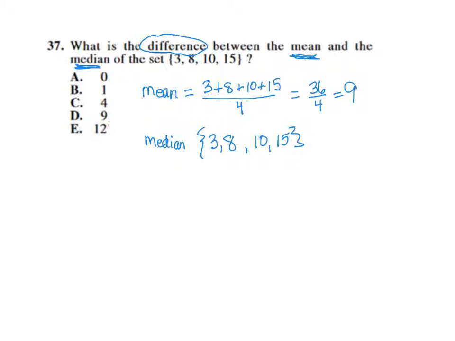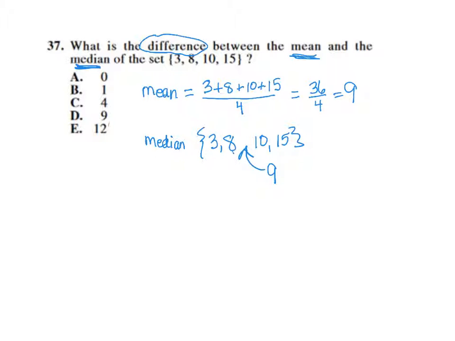There's an even number of numbers here, so we want the exact middle, which would be right in here between the 8 and the 10. The number exactly in the middle of 8 and 10 would be 9. So our median would be 9.